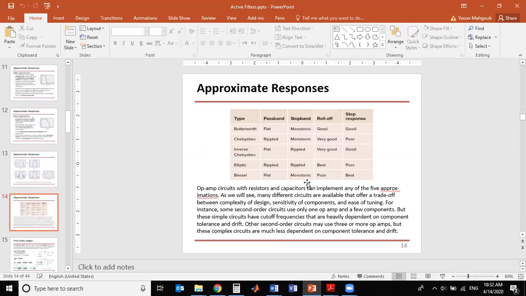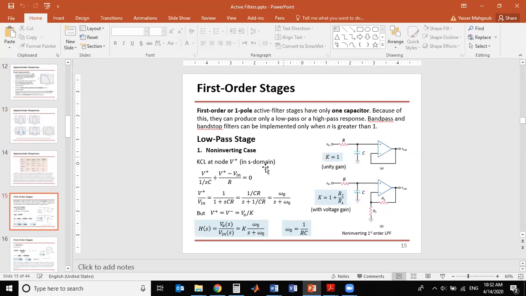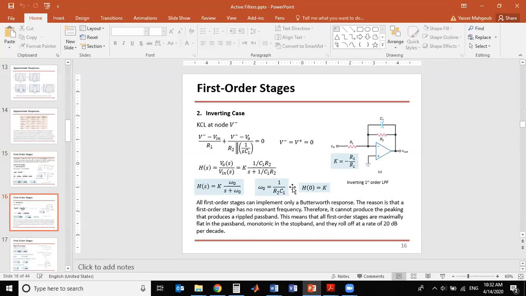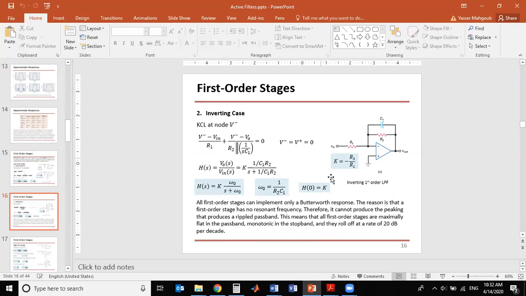We also studied how to design a first order stage, which is going to be Butterworth because you cannot have any ripple in a first order stage, whether it's low pass filter, high pass filter, and so on. And the most important part is how to find the frequency response. Given a circuit like this, how do you find H of S, which is V out of S divided by V in of S?